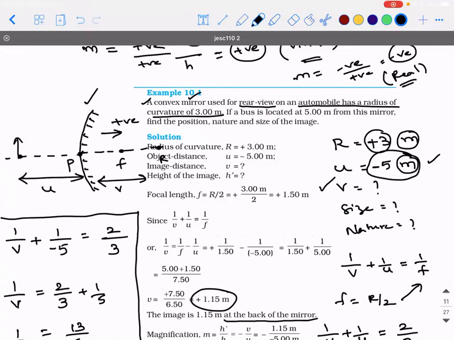Six. For convex, we saw 2. Yes, for convex we saw 2, right? What are the two positions? One is when the object is at infinity, and the second is when the object is anywhere in front of the mirror, right?